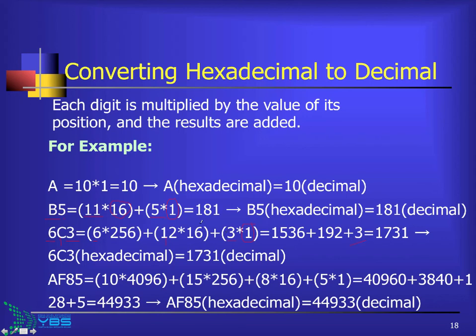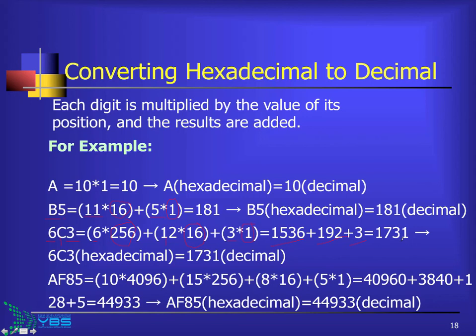And the second digit: 16 to the power 1 means 16. 16 times 12 means 192. The third digit is 16 to the power 2, which means 256 times 6 comes to 1536. Then we got the result: in the hexadecimal number system, 6C3 means 1731 in decimal.